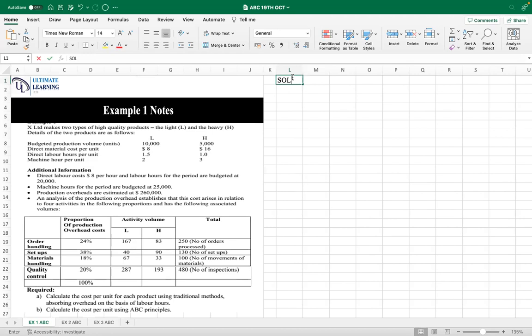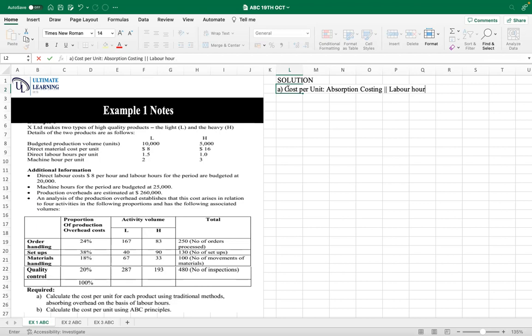So in our solution to the question, we will start with the cost per unit, and we are using absorption costing, which uses labor hours.